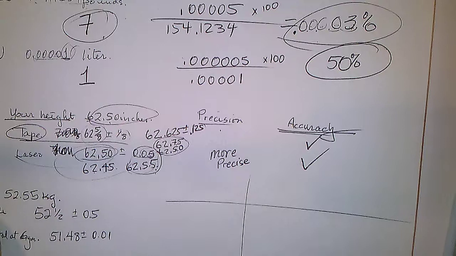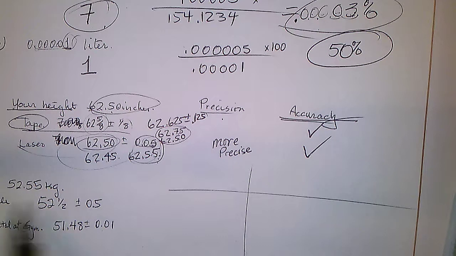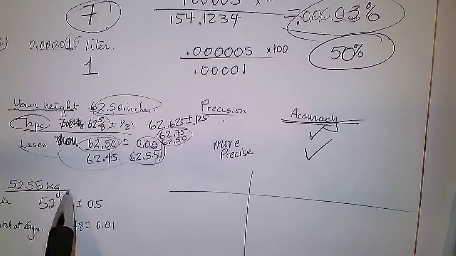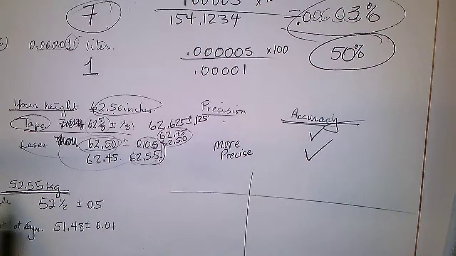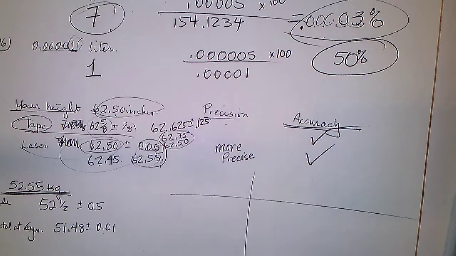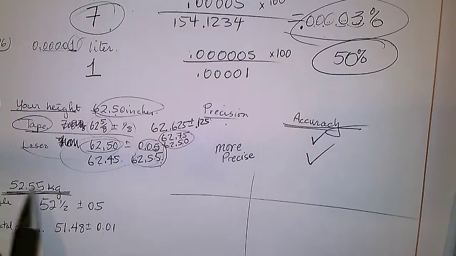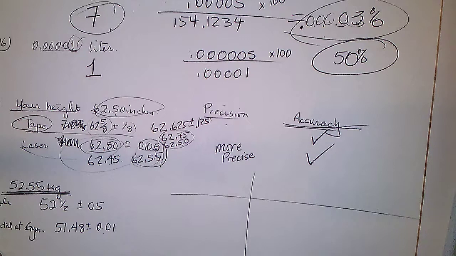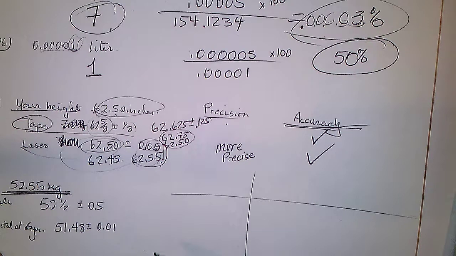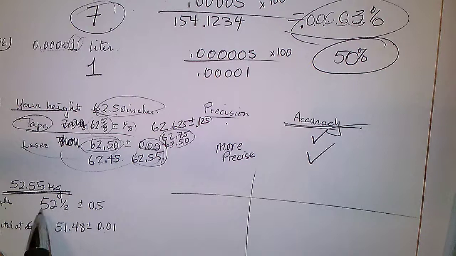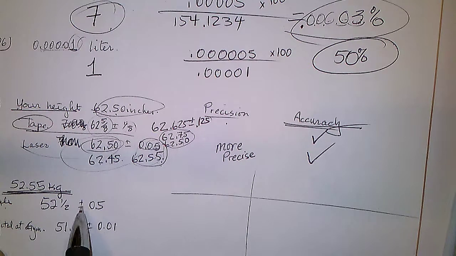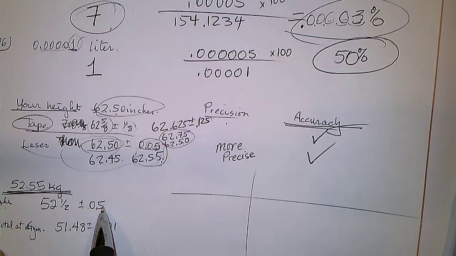Now we have the same kind of question here, but it's talking about your mass. That's really mass, but we'll call it weight. It says you weigh 52.55. That's what you really are. The scale says you're 52.5, plus or minus a half.